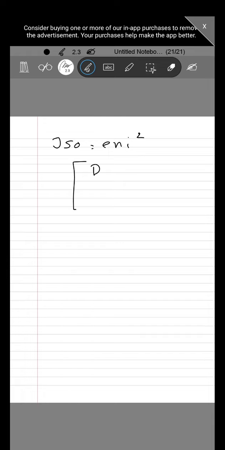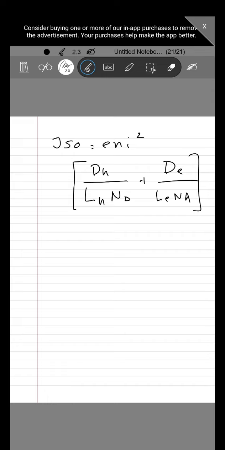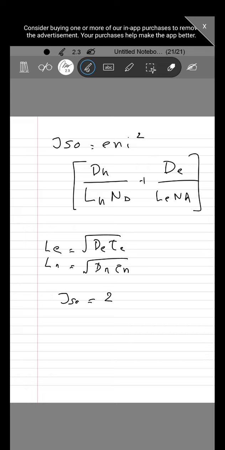The first term is DH divided by LH ND, plus DE divided by LE NA, where we know that LE is equal to root of DE tau E, and LH is equal to root of DH tau H. So if we put all the values, JSO comes out equal to 2.9 into 10 to the power minus 5 ampere per centimeter square. This is the reverse saturation current density.